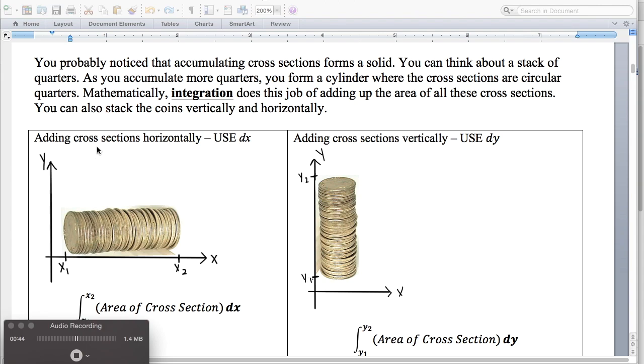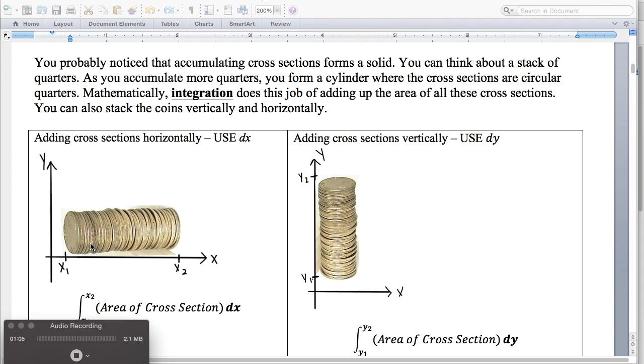The connection between cross-sections and volume has a lot to do with the idea of stacking up the area of the cross-sections. Think about this cylinder made up of dimes.